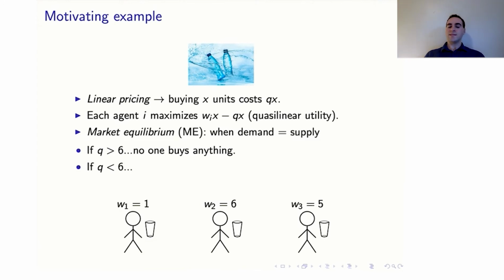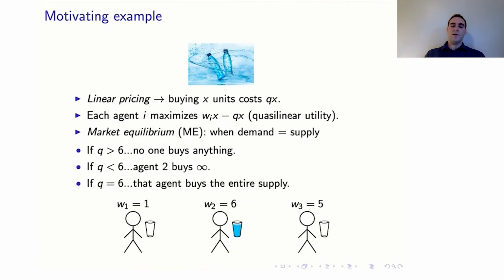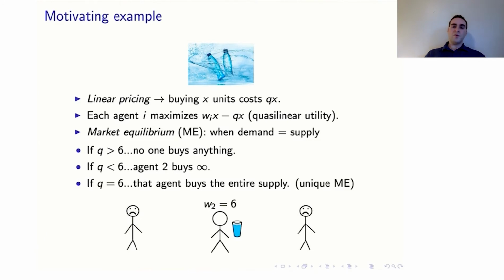If Q is less than 6, agent 2 is going to basically want to buy infinity. And finally, if Q is equal to 6, then agent 2 is going to buy the entire supply, and the other 2 agents will be sad because they get nothing. This is also the unique market equilibrium.